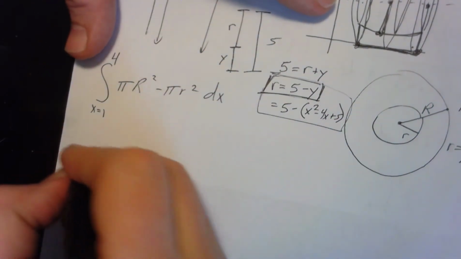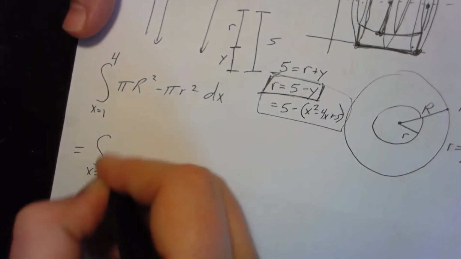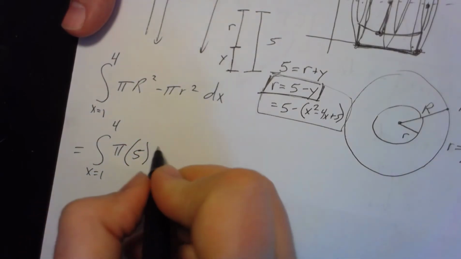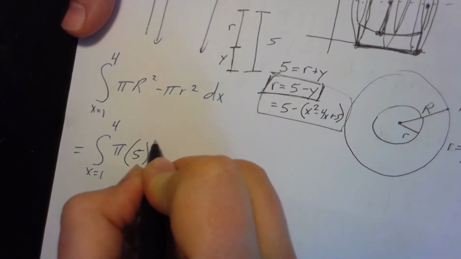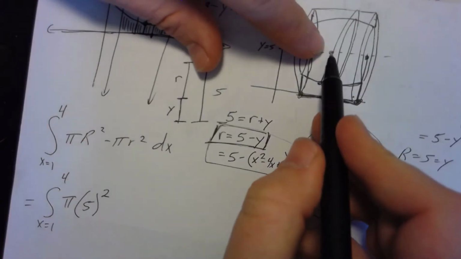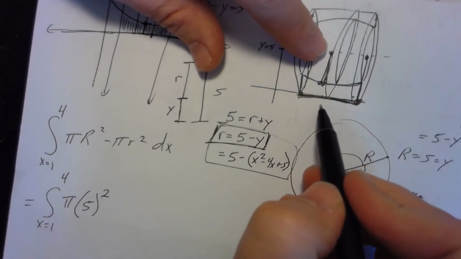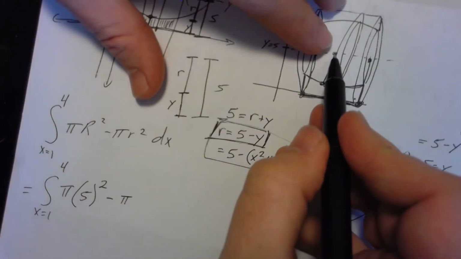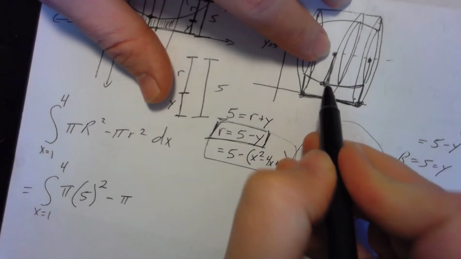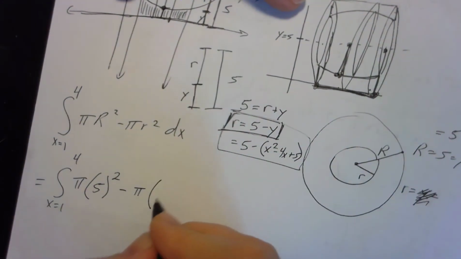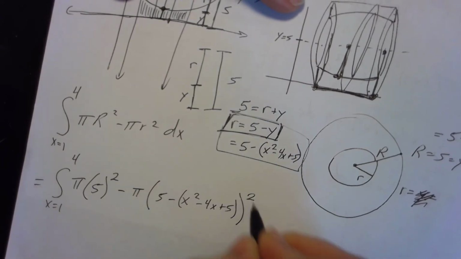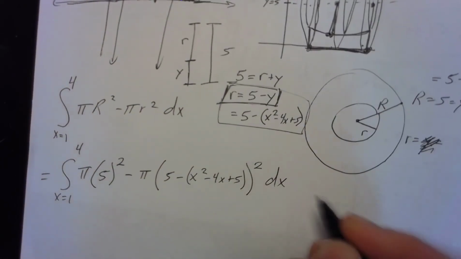So if I were to appropriately plug all this information in, I go from 1 to 4 of pi. My capital R is 5. Again, the capital radius is 5, the larger one, the most extreme one, furthest from the rotational axis, minus pi lowercase r, the distance from the rotational axis to this location, which actually represents 5 minus x squared minus 4x plus 5, because that's the function, all squared, dx.